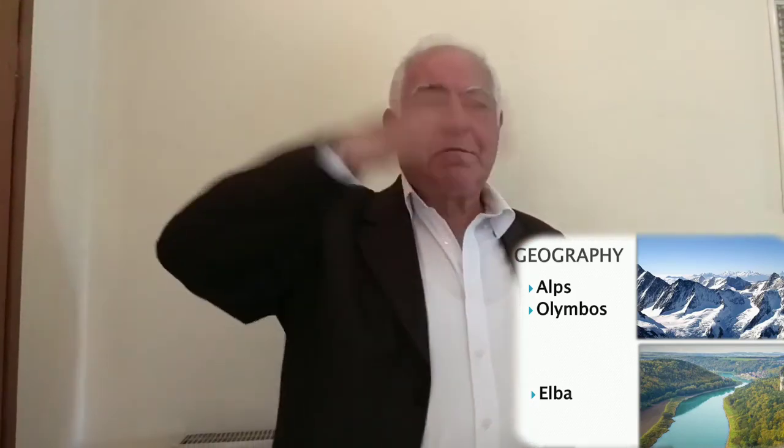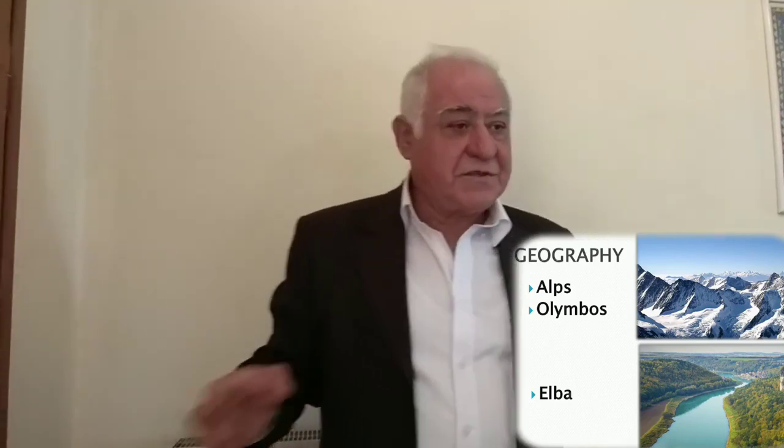And then in geography, you have, of course, the Alps, and the Alps are the epitome of the alpha, because they're all white. Anyone who has flown over the Alps is overwhelmed by that sight of just a great horizon full of snow-peaked mountains.